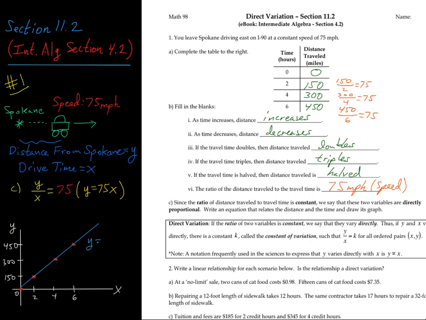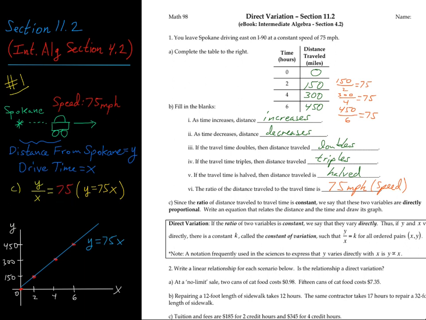The thing to take away is that given the ratio of y to x is always the same, this really is describing a linear relationship where the y-intercept is 0. And the slope of this line is nothing other than the speed in this case.